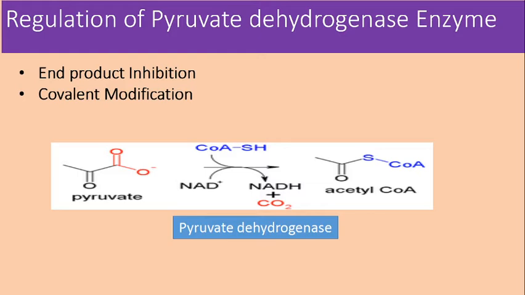It is also regulated by covalent modification. That means by phosphorylation by a kinase of the 3 serine residues of this enzyme pyruvate dehydrogenase, which is a multi-enzyme complex, resulting in decreased activity, and by dephosphorylation by a phosphatase enzyme, which will increase the activity.